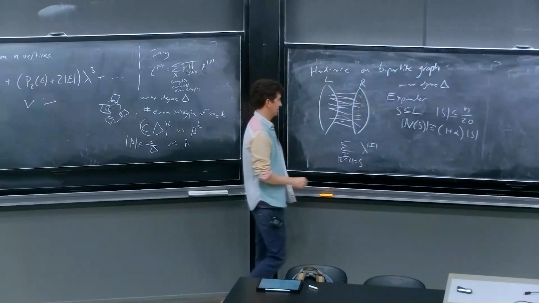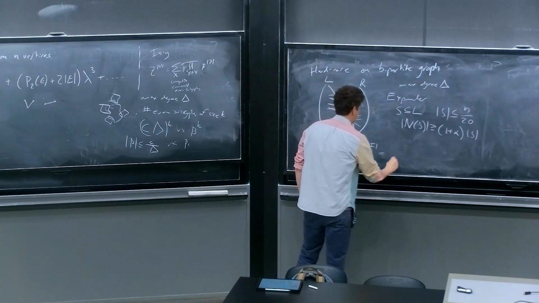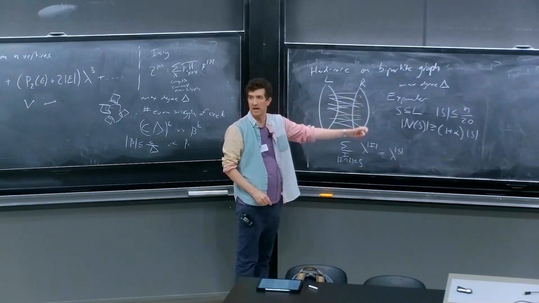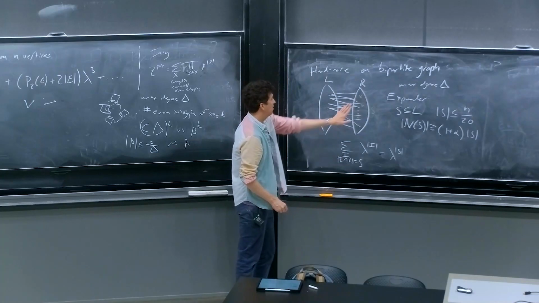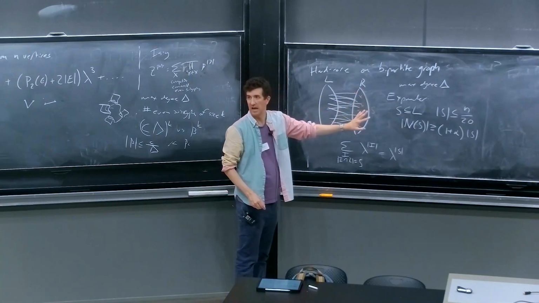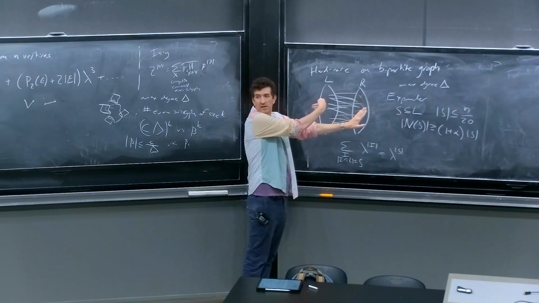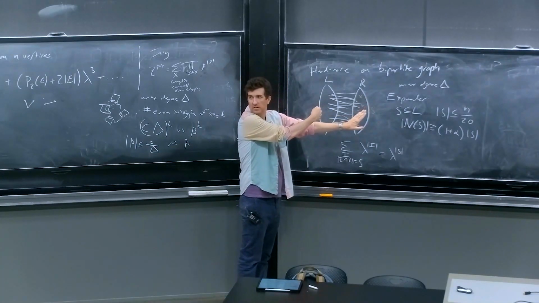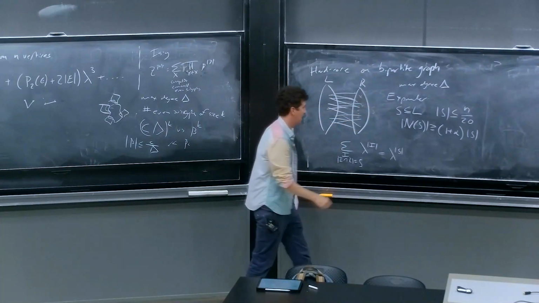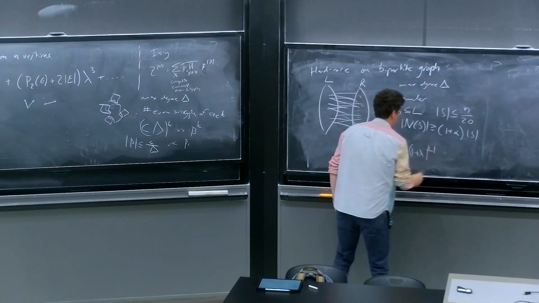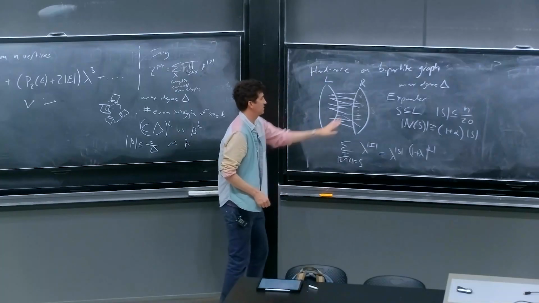What is this? Well, you definitely have a factor lambda for each vertex in S. Now you're thinking of this as a sparse set. If this set was empty, you could put every vertex in the left in or out, so you get 1 plus lambda to the size of L. That's what you would get if there was nothing there.